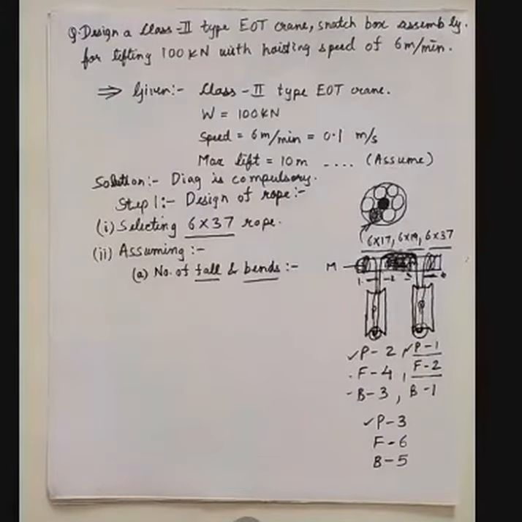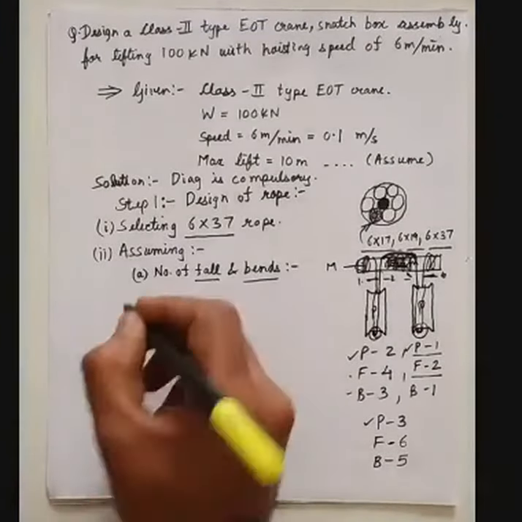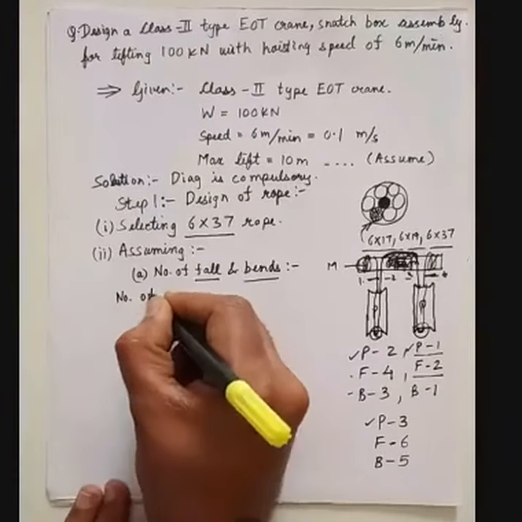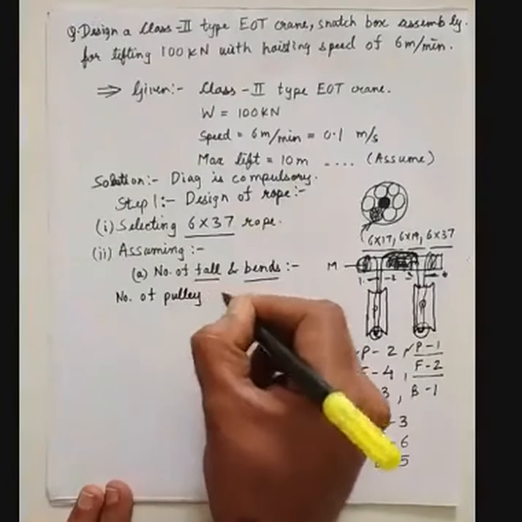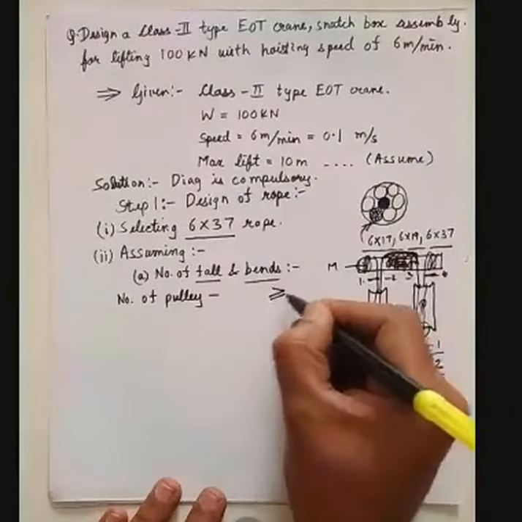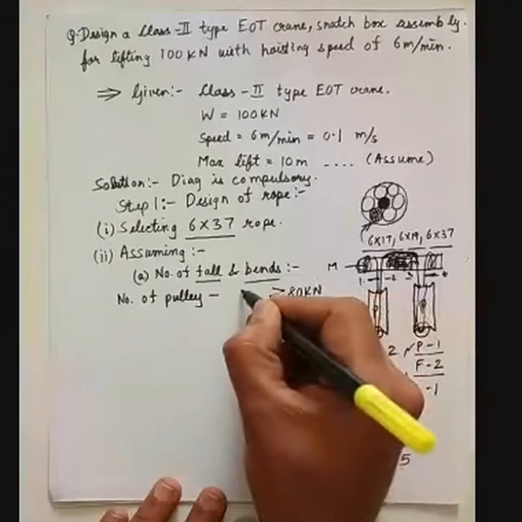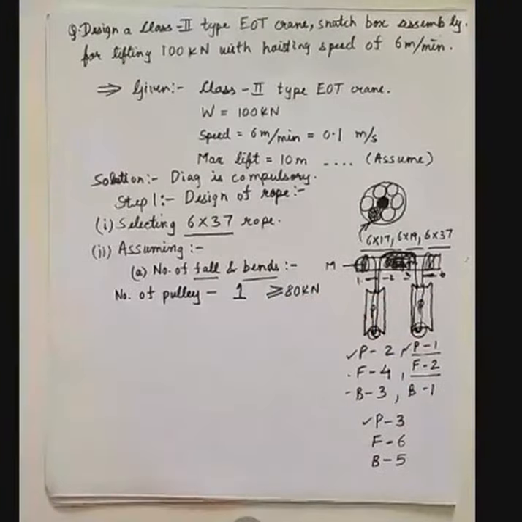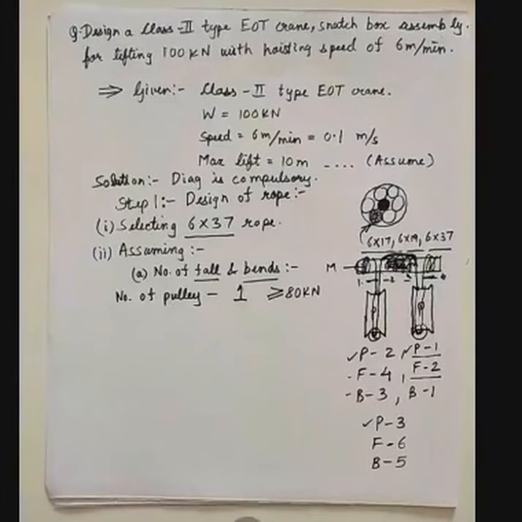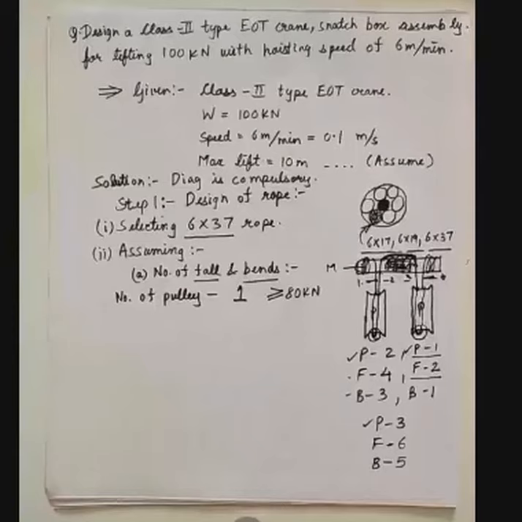Write one statement on how to decide the number of pulleys. If the load to be lifted is less than 80 kilonewton, then the number of pulleys will be 1.